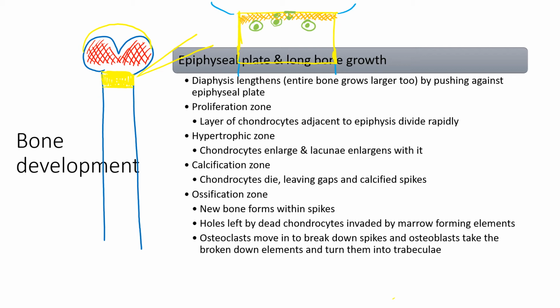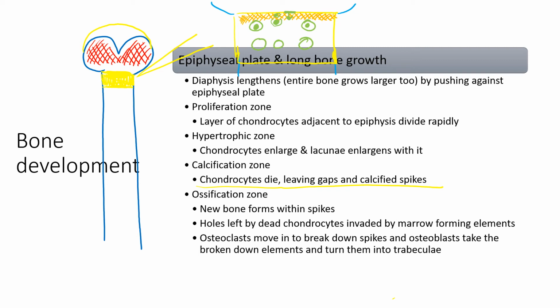In the calcification zone, which will be a little further down, right in there or so, we'll say, I'm going to erase that for space. The chondrocytes die, but you still have the lacuna. Okay? The chondrocytes die and leave gaps.